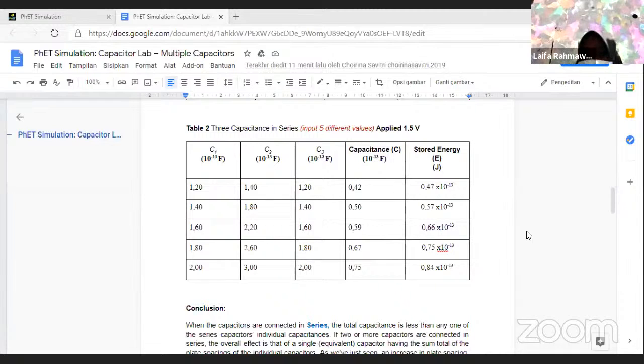Kiki, are you muted or are you having a problem with the signal? Salma Dinda, what happened to Kiki? Or maybe Salma Dinda, you can continue the presentation, or another person in the group.